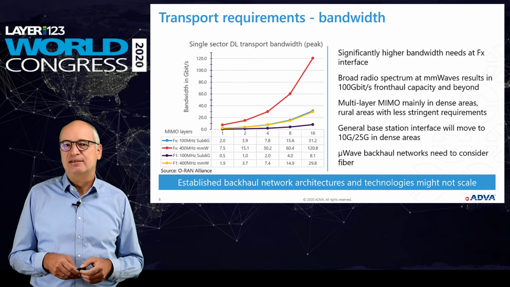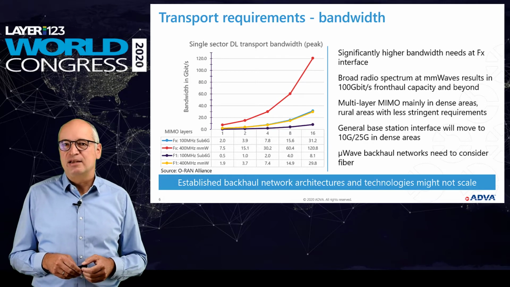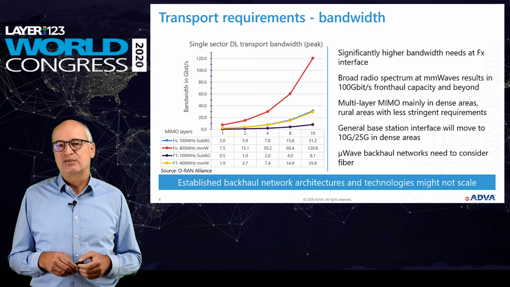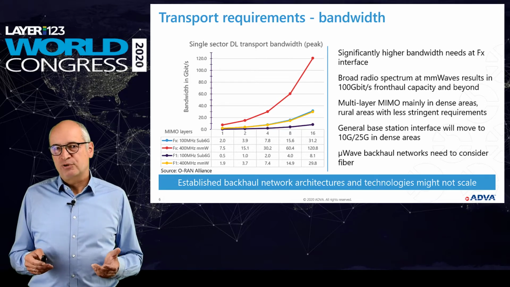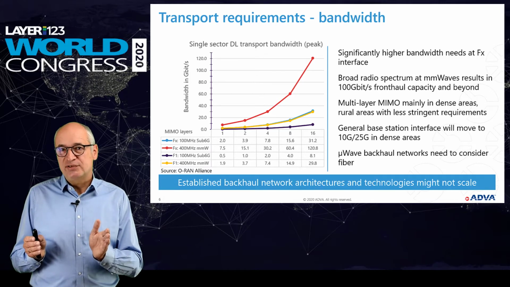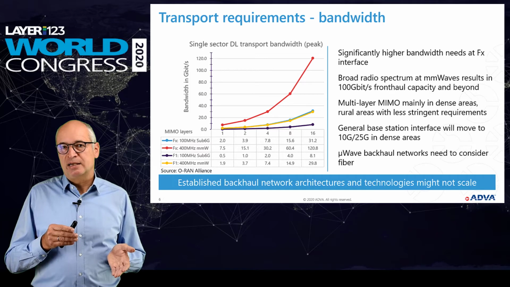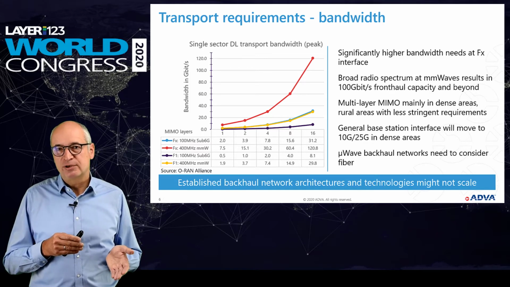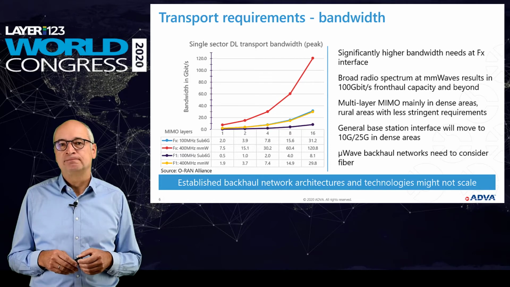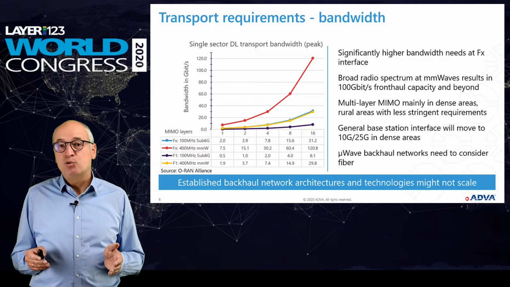Now let's come back to the bandwidth requirements. Here a diagram from the Open RAN Alliance, looking at bandwidth requirements for one sector of a radio base station in the midband and high band, midband 100 megahertz, high band 400 megahertz width of the spectral channel, and different MIMO layers.